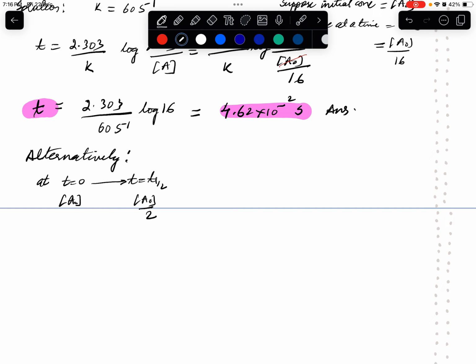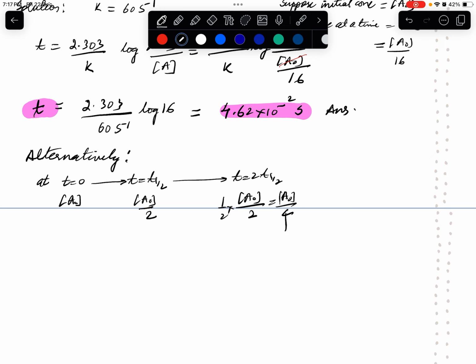This is by definition: T half is the time taken when the amount left is half of the original amount. So after 1 half life, the amount left will be A naught by 2. After 2 half lives, when time is equal to 2 t half, it will be A naught by 2 multiplied by 1 by 2, so it becomes A naught by 4.